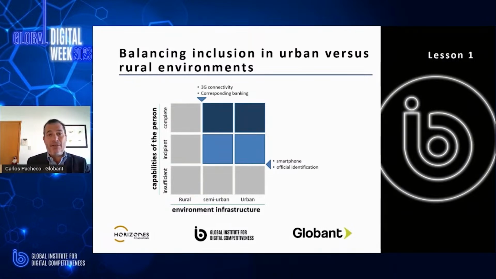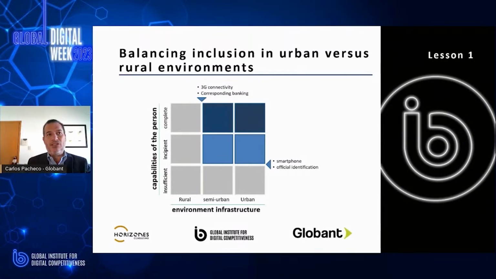But that is not the case in financial inclusion. That really lags behind in terms of digital inclusion. There is a gap between those two indicators. And that gave us an idea on how to do a different segmentation for the market.